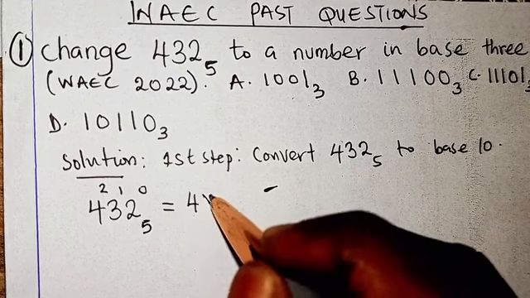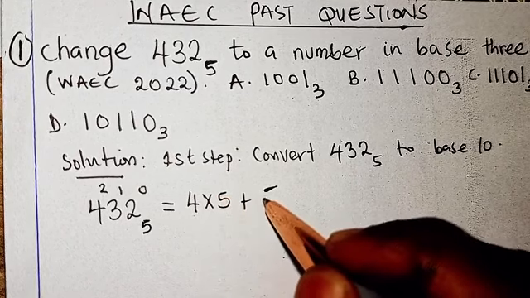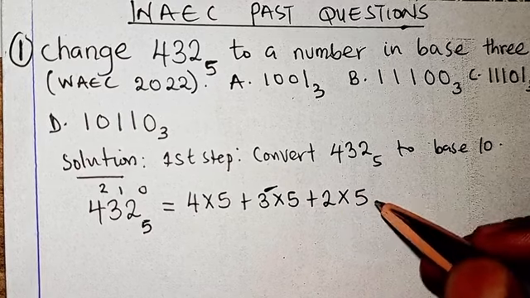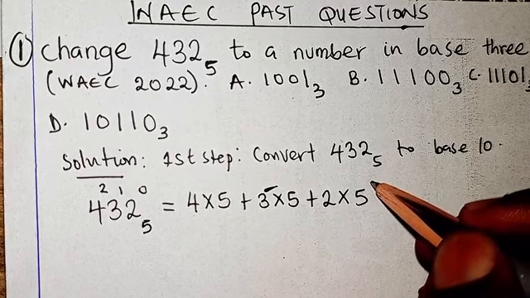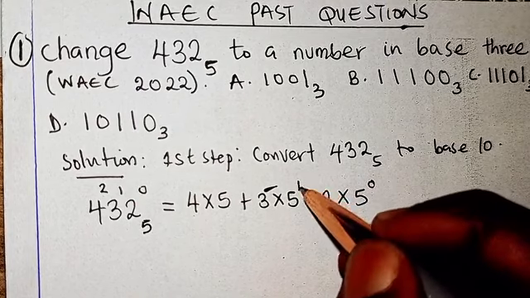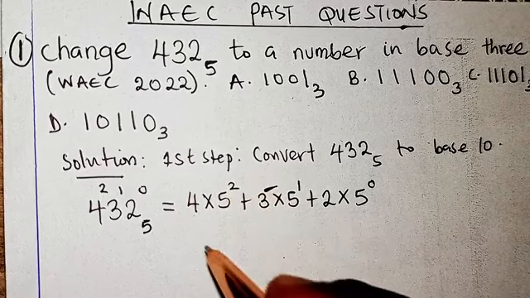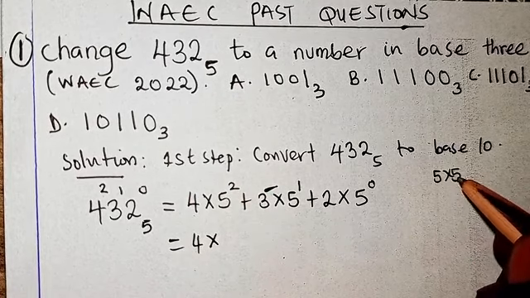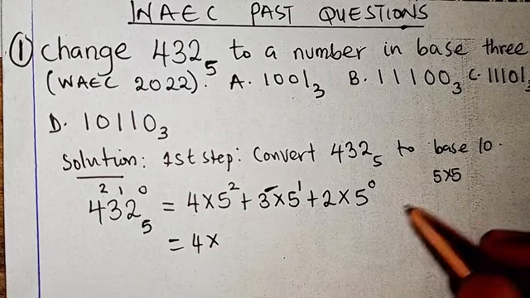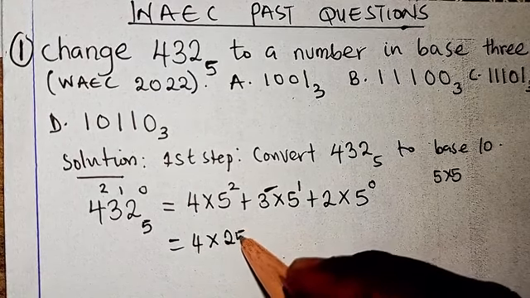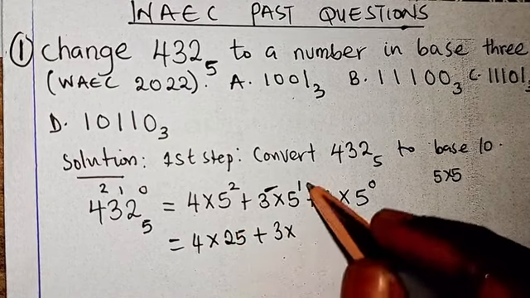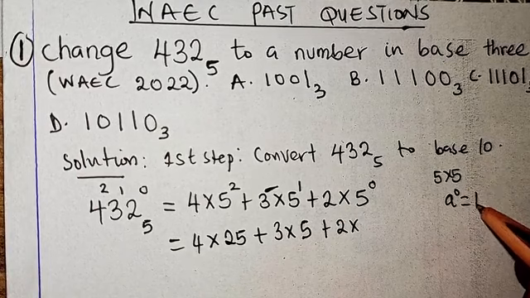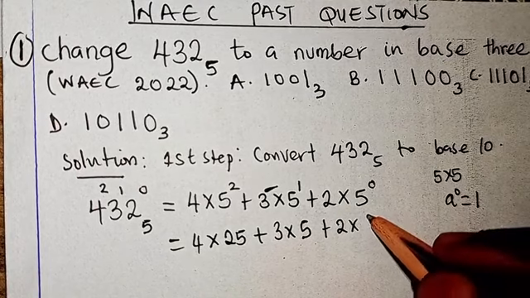We have 4 times 5 squared plus 3 times 5 to the power 1 plus 2 times 5 to the power 0. 5 squared, when 5 multiplies itself 2 times, gives us 25. 5 raised to the power 1 is 5, and any number raised to the power 0, like 8 to the power 0, gives us 1. So 5 raised to the power 0 is 1.